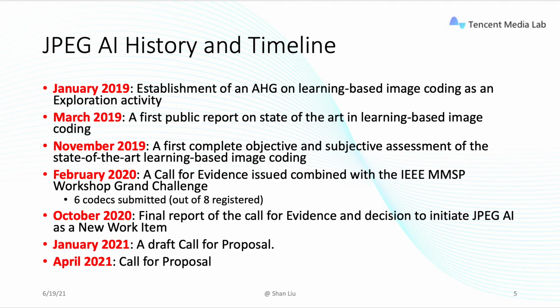A couple of years ago, the JPEG committee created the learning-based image coding ad hoc group, JPEG AI, which aims to develop image coding solutions following an end-to-end learning-based coding approach, potentially towards the definition of a standard.